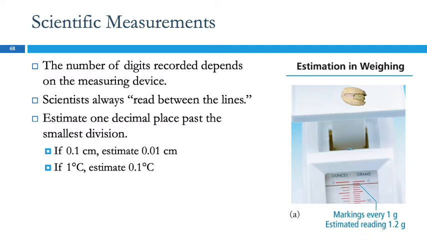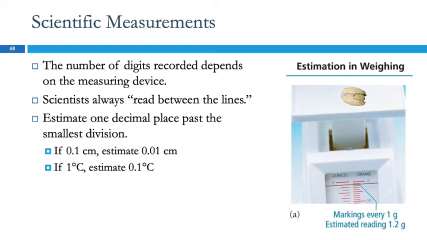It's clearly closer to the 1 than to the 2, but it's more than 1 and less than 2. So the 1 here, the 1 gram, there's no confusion about. Everybody's going to agree it's 1 gram and a little more. This last digit, the 0.2, that's the estimated part.